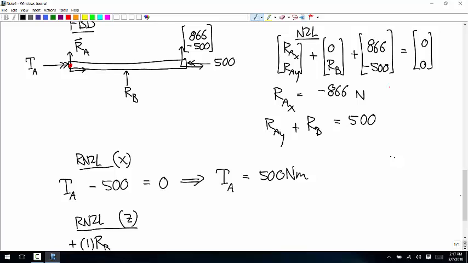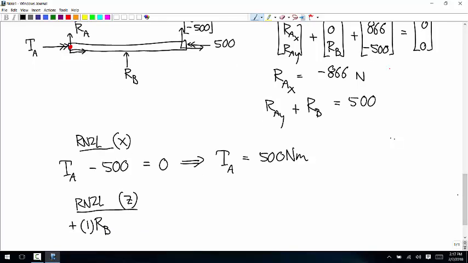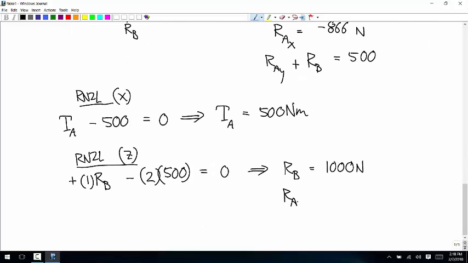Clockwise, so that one's negative. So we have negative 2 times 500. A 500 Newton meter couple doesn't produce a moment in the z direction. So this is all equal to 0. So we know that RB is 1,000. And now plug that in up here, and you get that RAY is equal to negative 500.